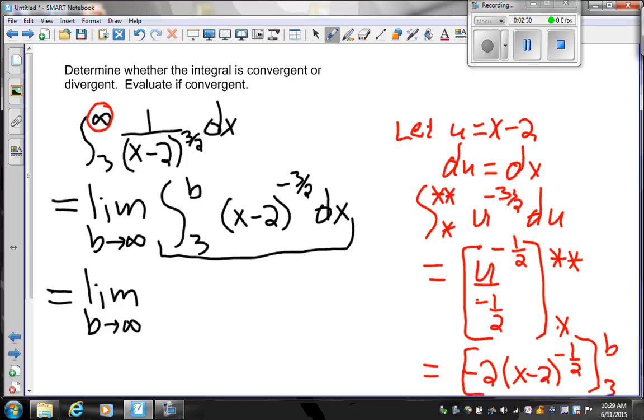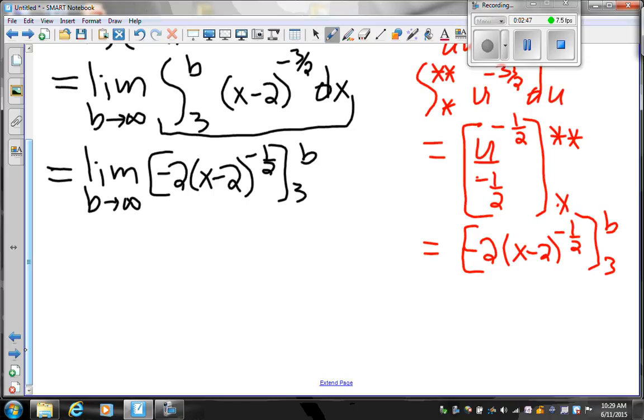So this is what we have for our integral at this point. Negative 2 (x minus 2) to the negative 1 half from 3 to b.